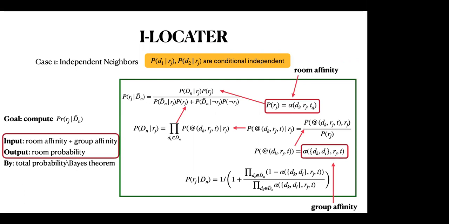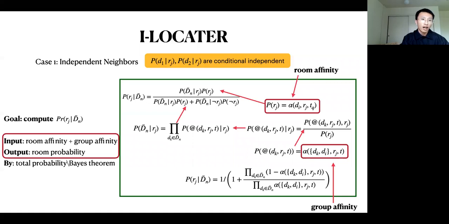But can you give us intuition? What does it mean to have the neighboring devices be conditionally independent? Semantically, what does it mean? So basically, that means the location of a neighbor device will not affect the location of the other neighbor device.